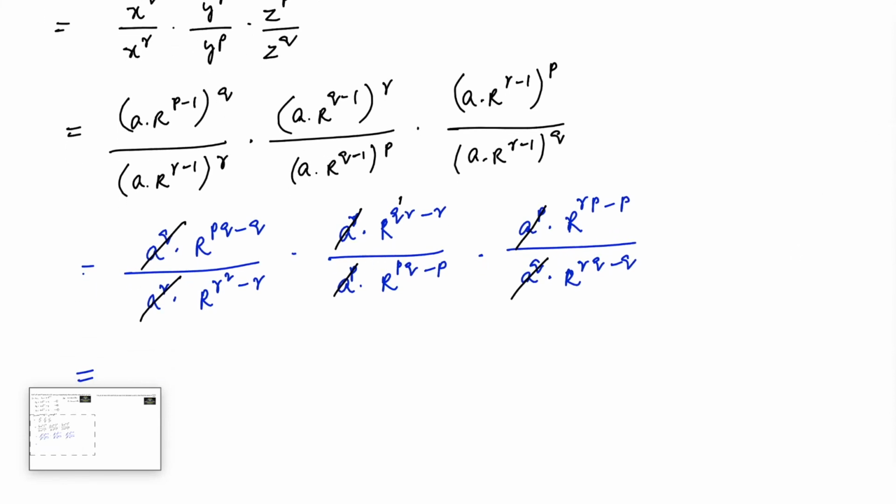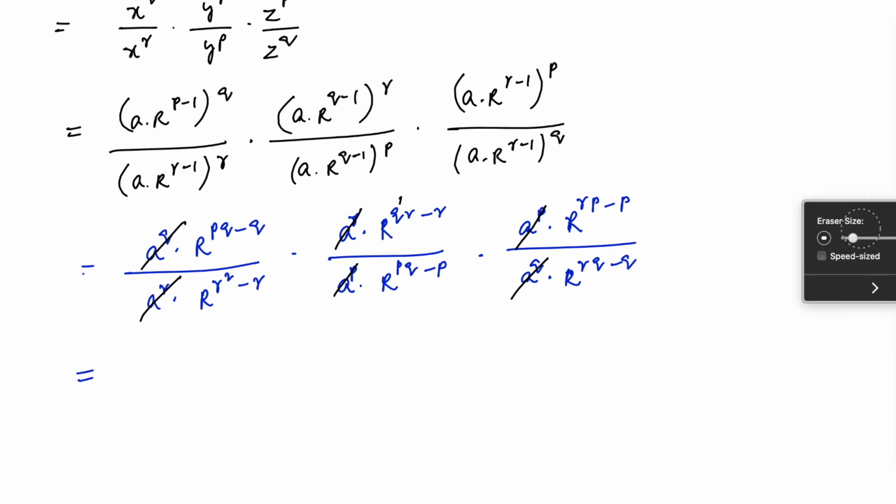Sorry, this is a small correction. Here it is p minus 1, so we can write here pr minus r.